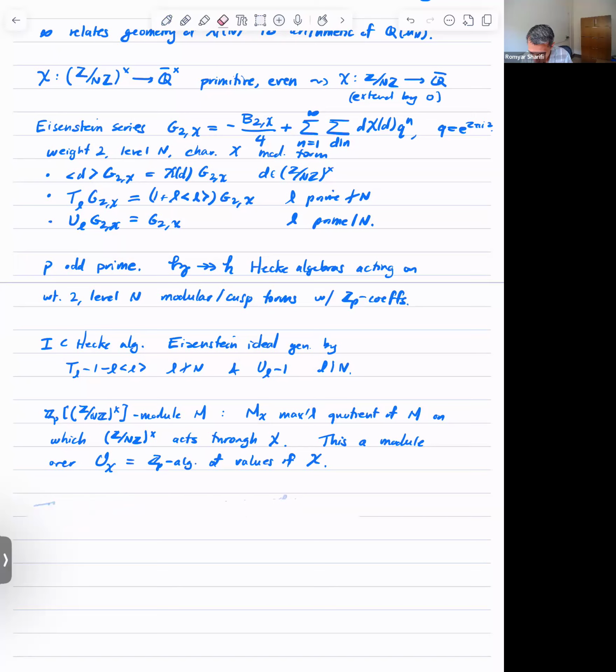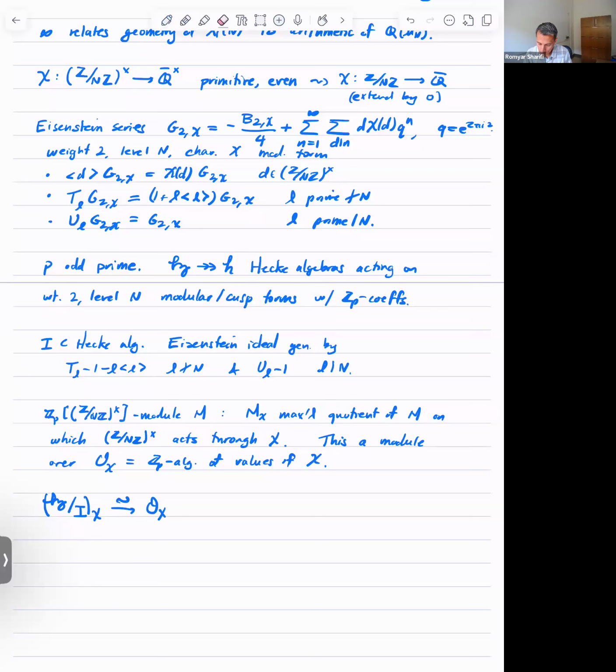So if we take big H mod I, this thing is actually just, let me look at the chi part of it. This thing is just actually O_chi.